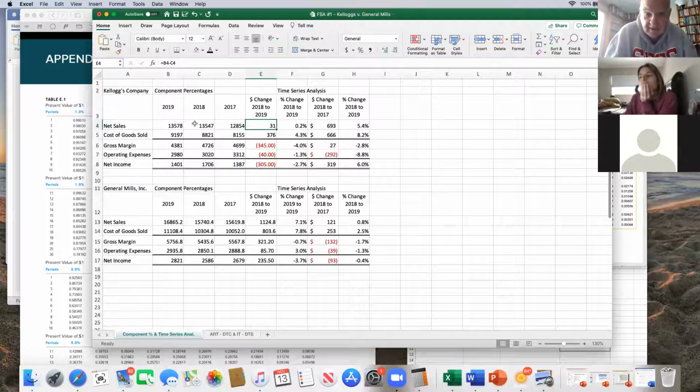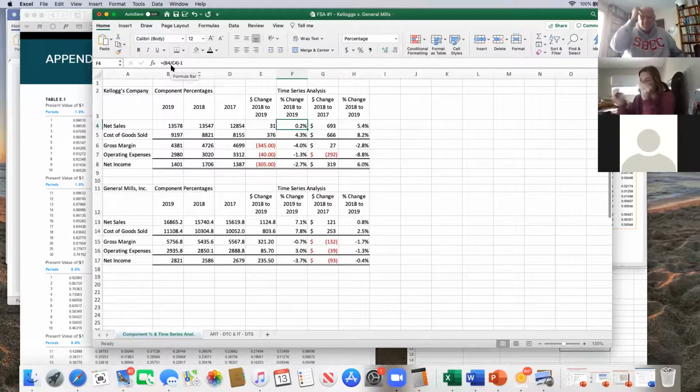We want to show that difference as a percentage, with one decimal. The way I like to do it is put in brackets the earlier year divided by the prior year, close the bracket, minus 1. Oh, there it is right there. You see there? Thank you.